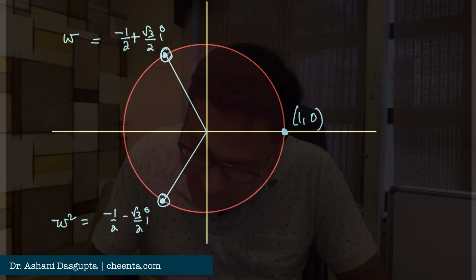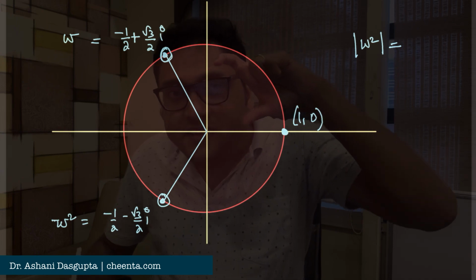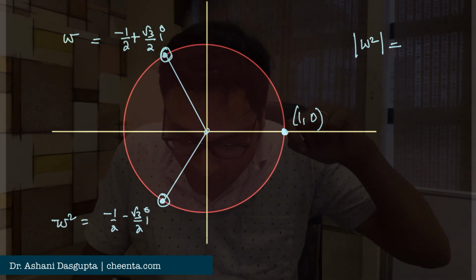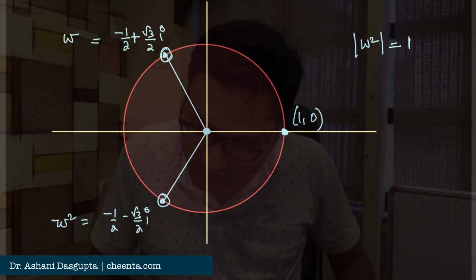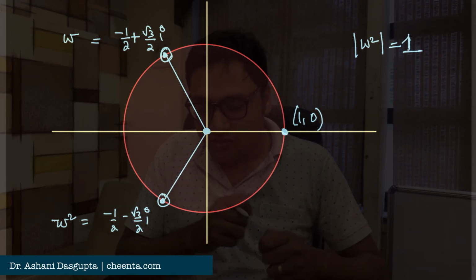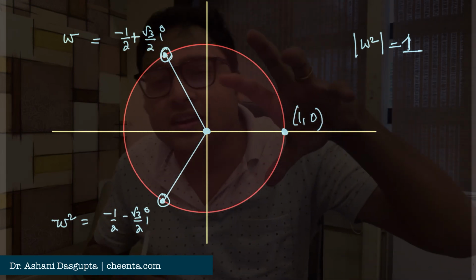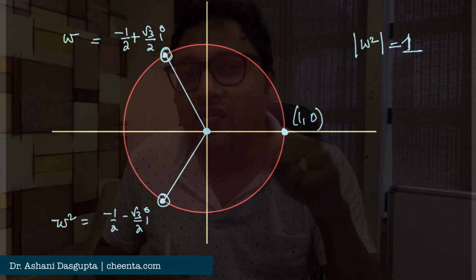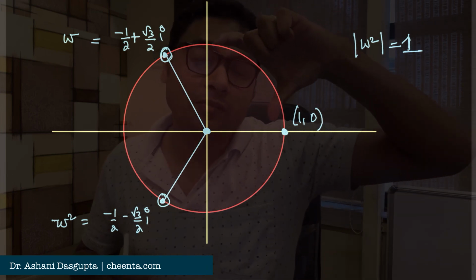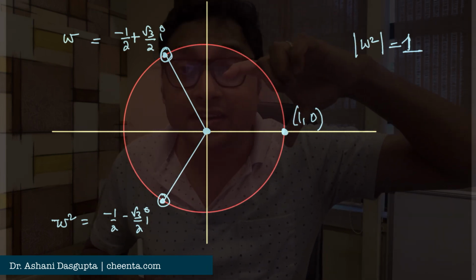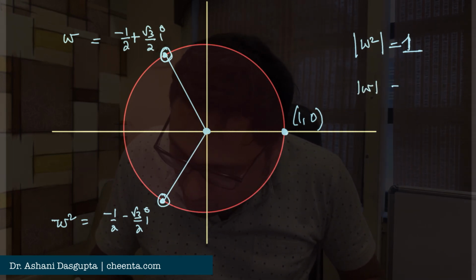Then the modulus of omega square, modulus means the distance of omega square from the origin, is 1. Of course, you can do the Pythagorean theorem thing and check that it's 1. But geometrically, it's 1 because it's lying on the unit circle, and the length of the complex number from the origin, the distance of it, is the modulus. So the modulus of omega squared is 1, and of omega is 1.